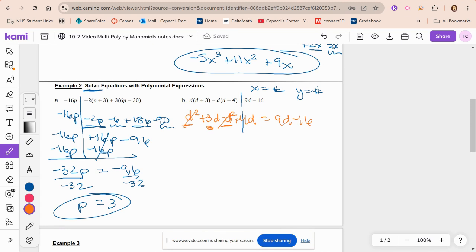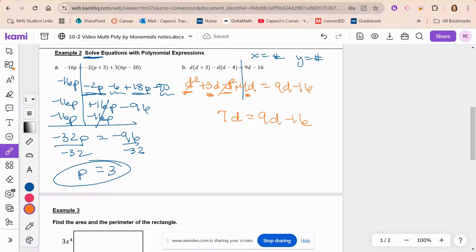I have 3d and 4d, so that gives me 7d is equal to 9d minus 16. I only have a d on the left-hand side, so I'll bring that one over. So I have negative 2d is equal to negative 16. Divide both sides by negative 2, and d is equal to positive 8.